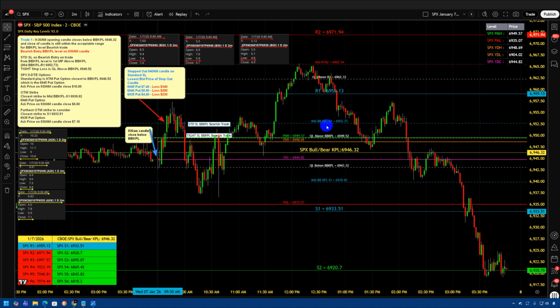With this daily key level strategy, it is recommended to use the standard stop loss. However, we've included the QL levels with this indicator for those that prefer tight stop losses, but just be aware that tight stop losses are more prone to getting stopped out.